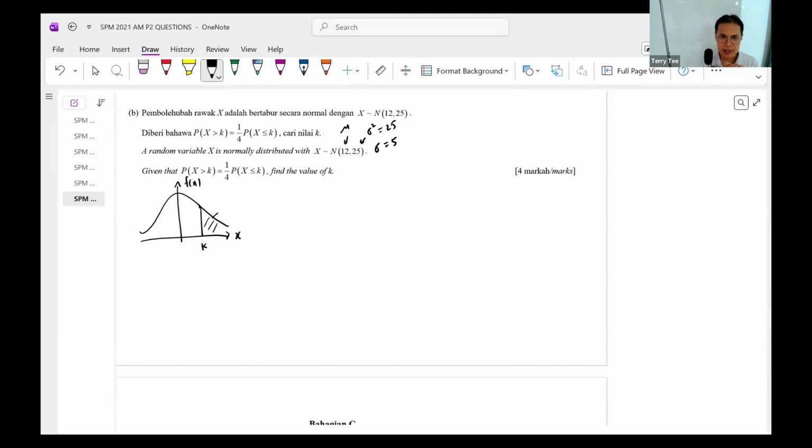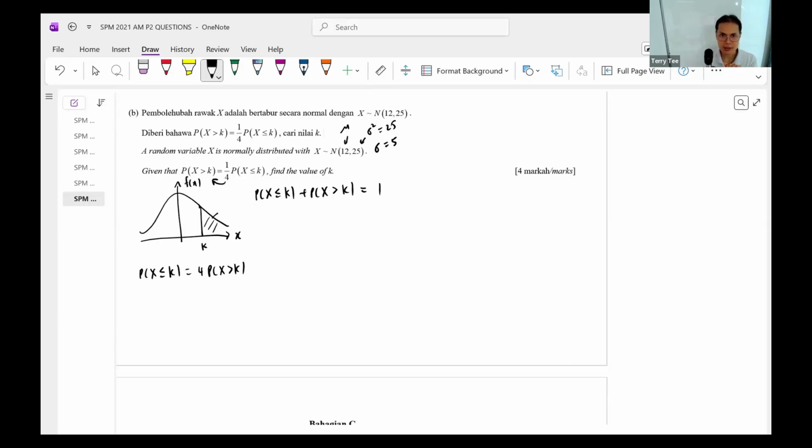That means, we know total probability is 1, right? We know P(x less equals to k) plus P(x greater than k) is 1. So less equals to k will be what? Less equals to k should be 4 times of more than k.